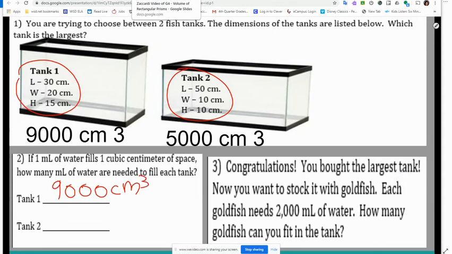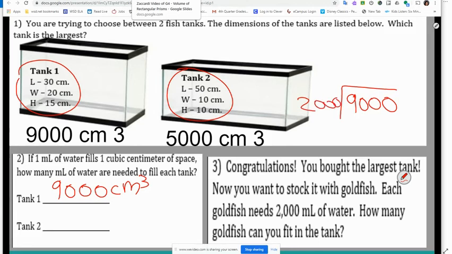Now guess what? We want to fill it with our goldfish, but each goldfish needs 2,000 milliliters of water. How many goldfish can you fit in the tank? Well, that's simple. Let's find out how many goldfish we can fit in our tank.